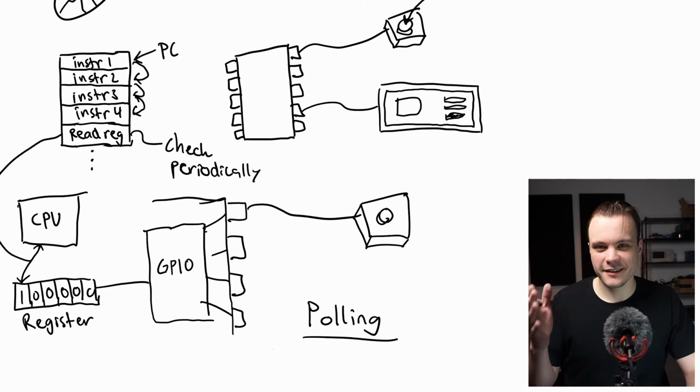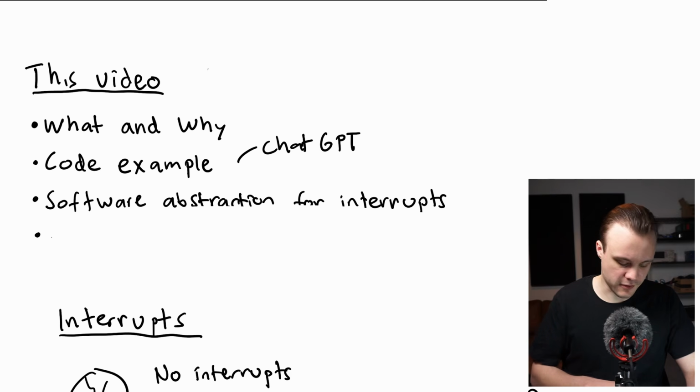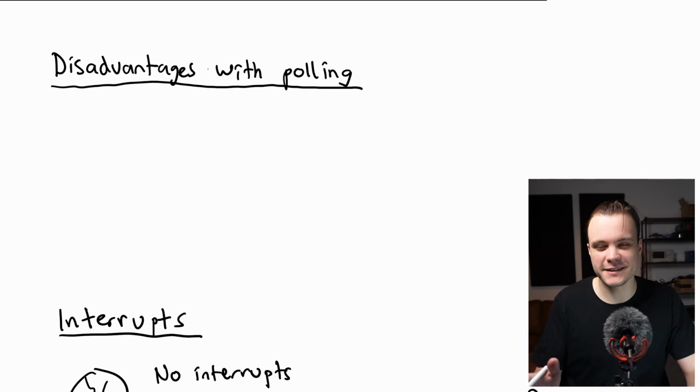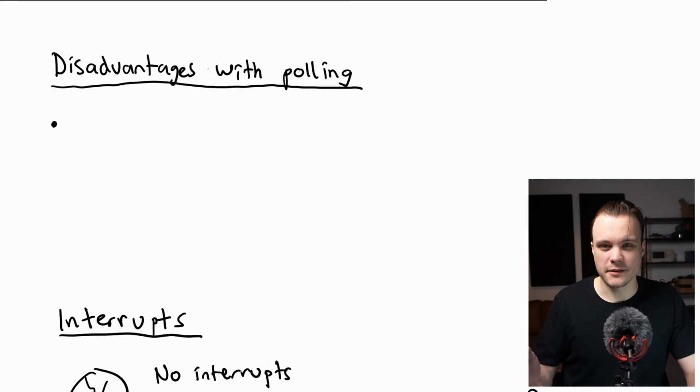And while polling can be a viable solution to this problem in certain cases, polling does come with some obvious disadvantages. First of all, since the CPU is going to periodically check the register to notice if something has happened, it's going to have to spend extra CPU cycles doing that. And as long as nothing has happened, it's essentially just going to be wasting those CPU cycles.